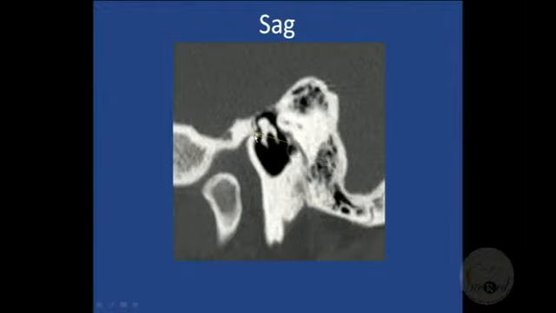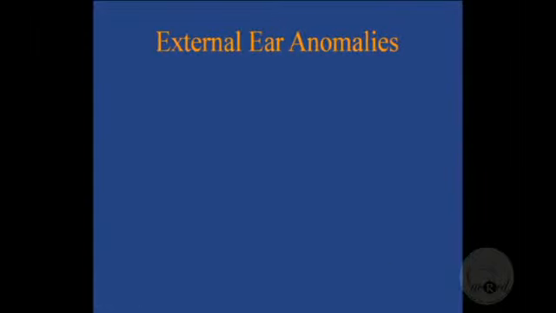Okay, so that was just to kind of get you all involved. When you assess a CT of the temporal bones, I always start either from the lateral aspect going medially or medial to lateral, and evaluate individual structures. Say I'm starting off laterally with the external ear: I scroll through all of the external ear and come back.